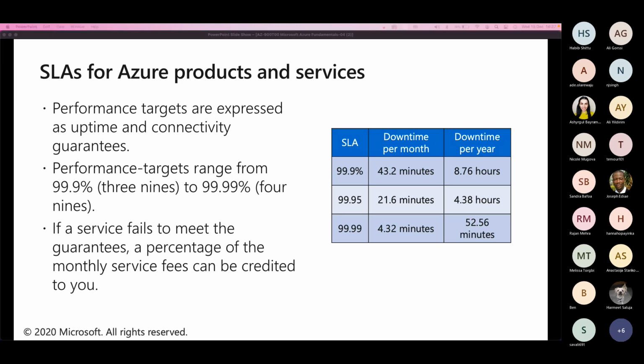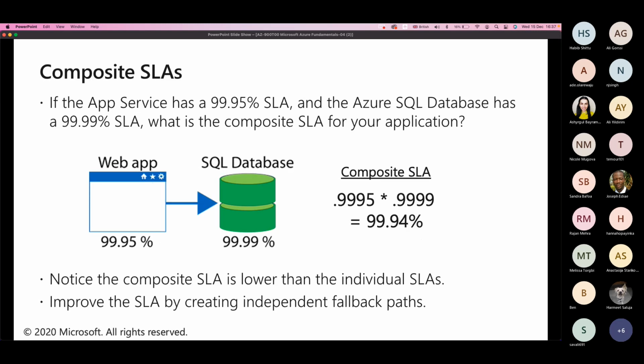Now we have something called composite SLAs. So if an app service has a 99.95 SLA, and the Azure SQL database has a 99.99 SLA, what is the composite service level agreement for an application using those two things that have different uptimes?